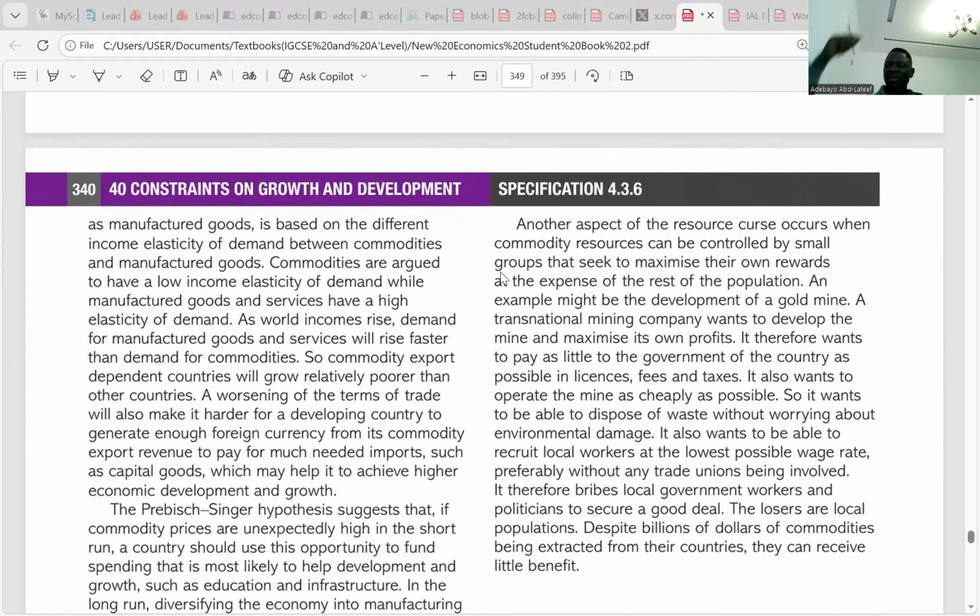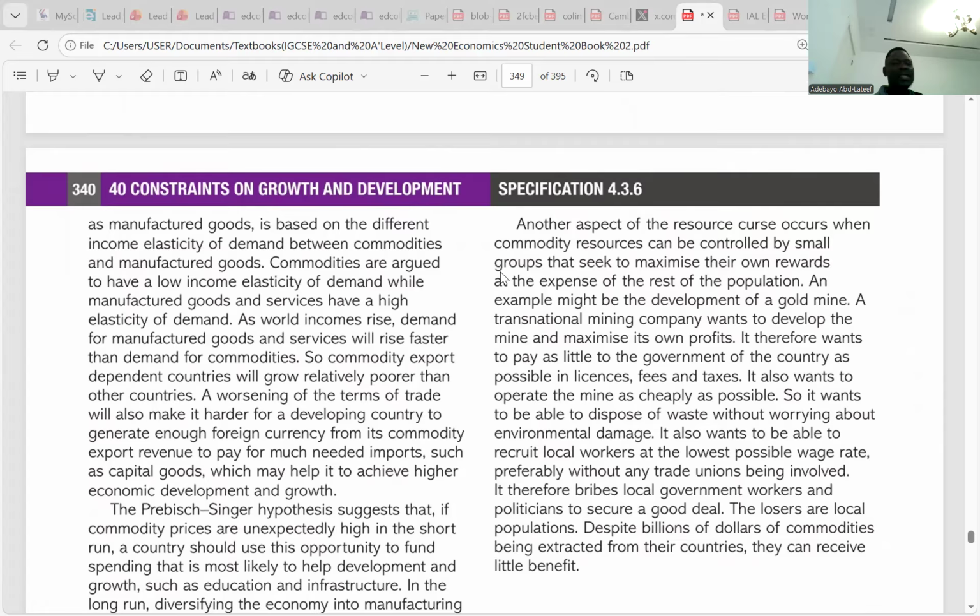So before I go further, when we talk about primary production, we're simply talking about extraction of raw materials. We're simply talking about countries that mostly rely on the primary sector of the economy. The primary sector is expected to witness a continuous fall in the price of its commodity. Why? Because it is based on income elasticity.